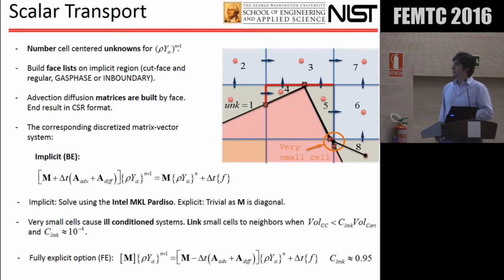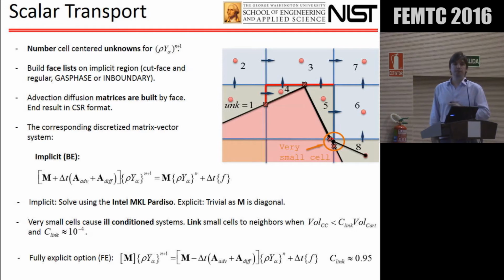At this point, we are doing the solution with a library called the Intel solver library. And we also have the option to solve this implicit part of the domain explicitly, by just linking small cells to larger cells that are next to them.